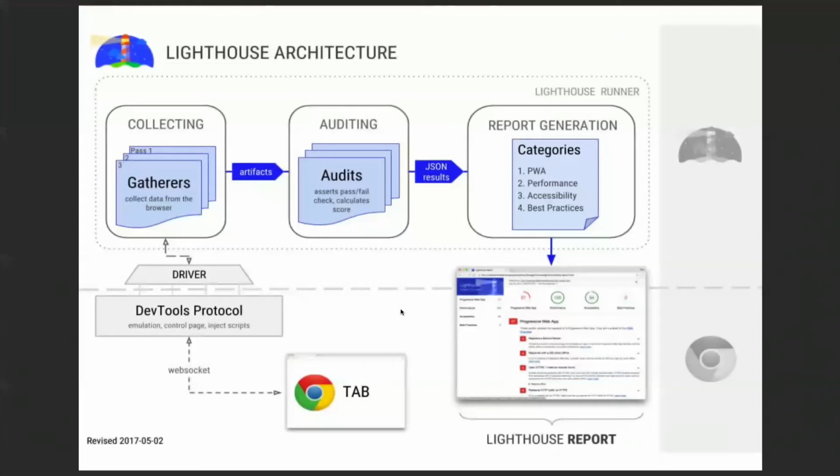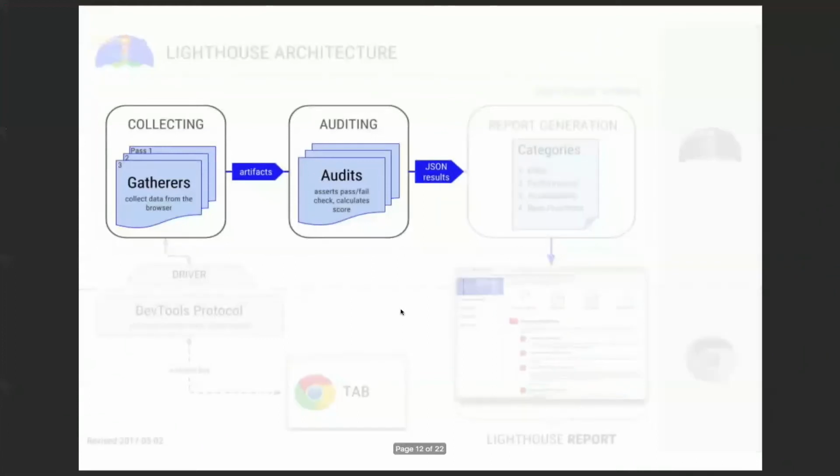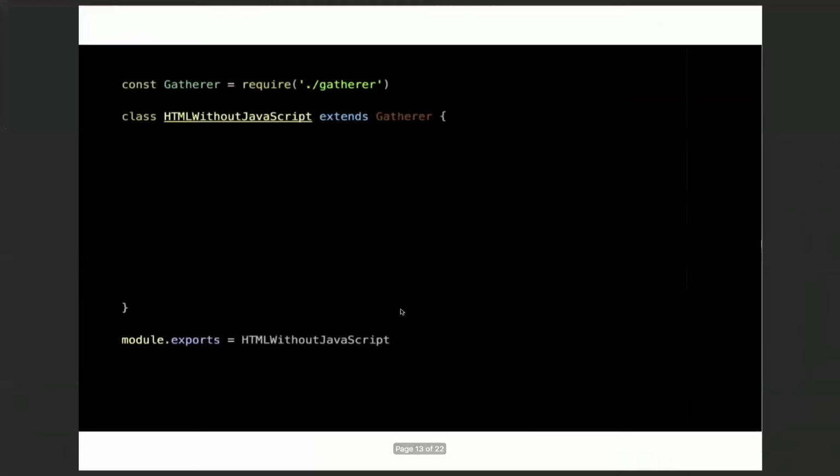So first, let me show you a bit of the Lighthouse architecture. I don't understand everything in this diagram, but we'll focus on these two elements. We have the gatherers that are collecting the data from the browser, and we have audits that are doing the assertions on this data. Let's take an example.